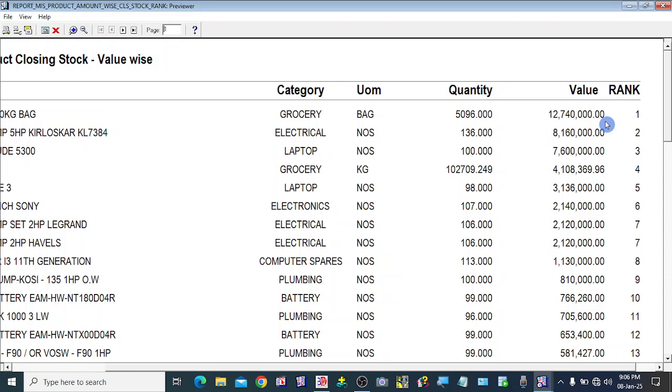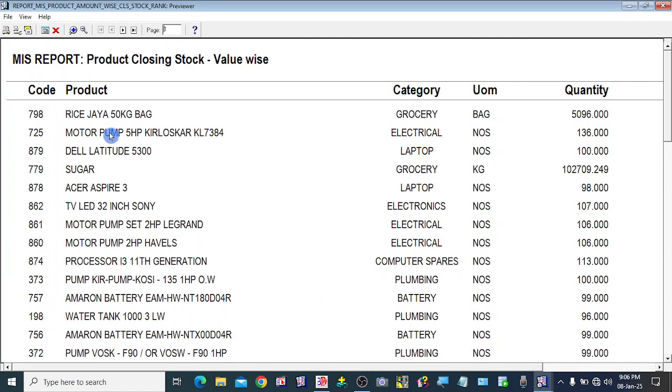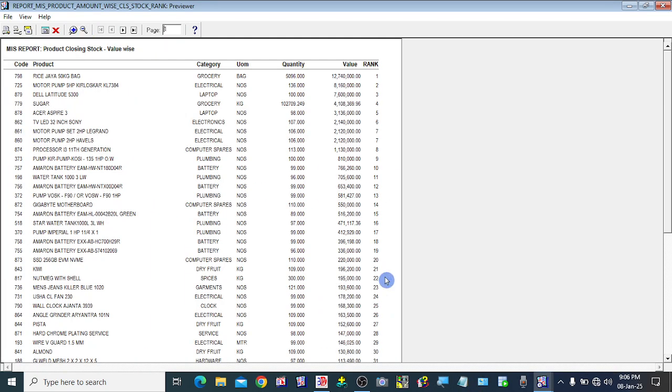So the product with more stock value wise is rice Jaya. With the help of this report, we can also identify my stock position at the moment, as well as in which product I have invested more money, with the help of this closing stock amount wise report.